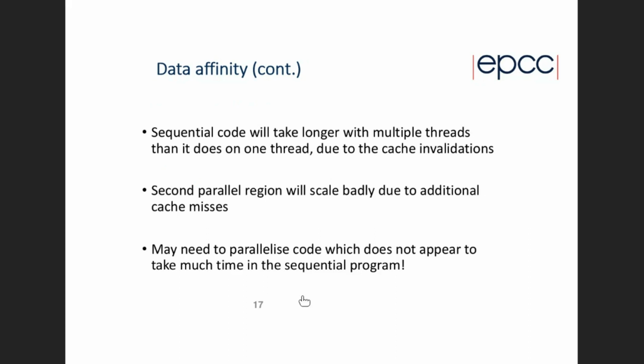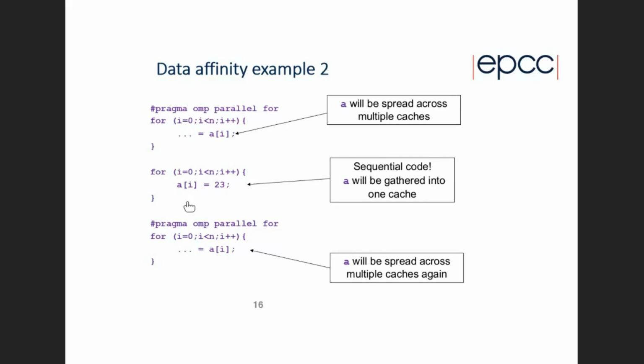One thing you will notice if you do careful profiling here is that this sequential loop in the middle, which is being executed by one thread, can actually take longer as you increase the number of threads. So if you go from one thread to 2 threads to 4 threads executing the parallel loops, you will see a maybe slightly unexpected effect, which is that this sequential loop will actually start to take longer.